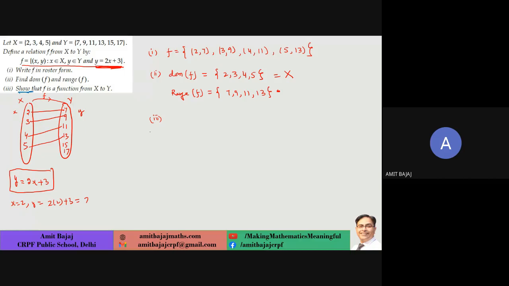I need to use the basic definition of a function: each X belonging to set X is associated with a unique Y belonging to set Y. This implies F is a function.